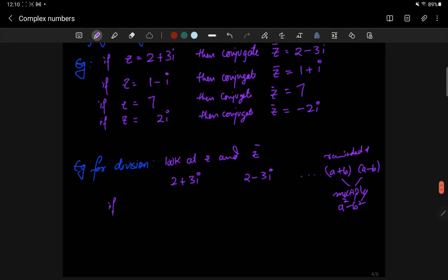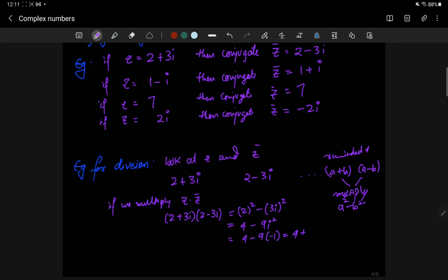Which means that if we multiply z with its conjugate, 2 plus 3i, 2 minus 3i, these will still follow the same property. So this would be 2 squared minus 3i squared, which is 4 minus 9i squared, which is 4 minus 9 times negative 1, which is 4 plus 9, which is 13. What is that? That's a real number.